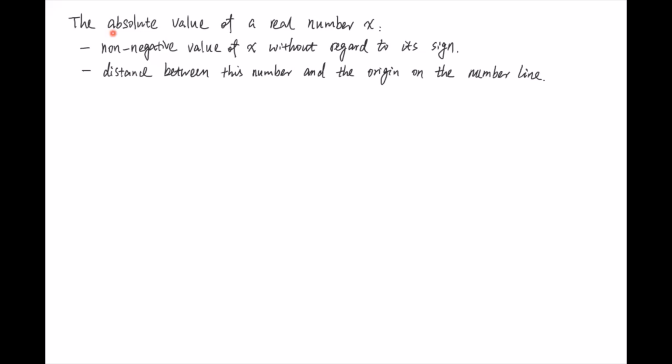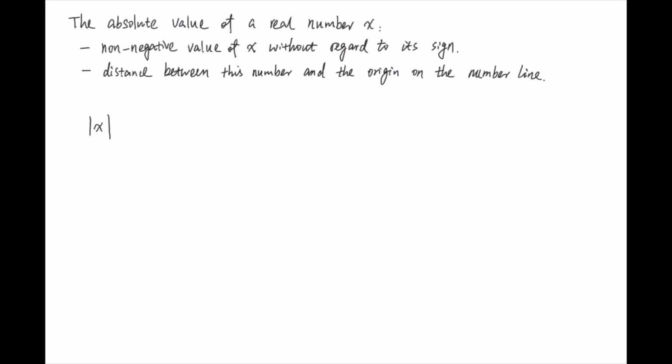The absolute value of a real number x is the non-negative value of x without regard to its sign. Or we can say it's the distance between this number x and the origin on the number line. The absolute value of a number x is denoted by this symbol using two vertical straight lines.